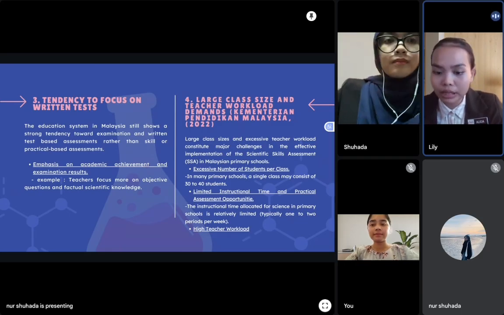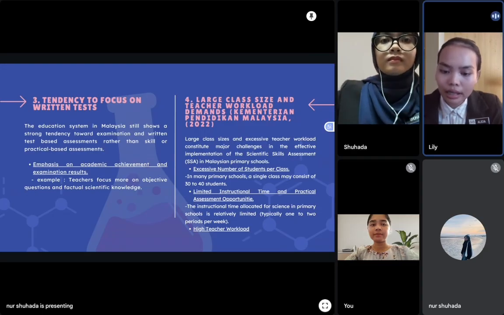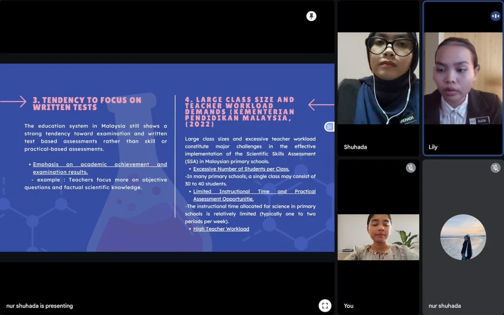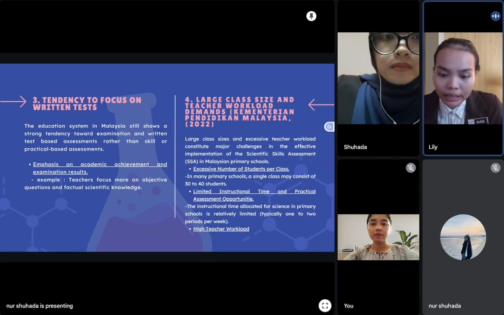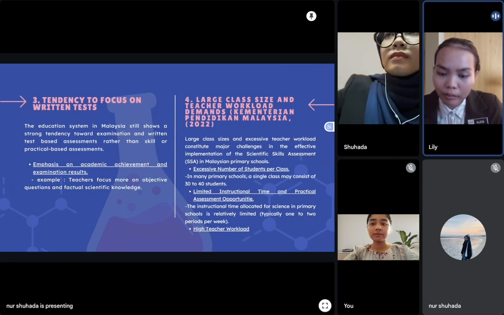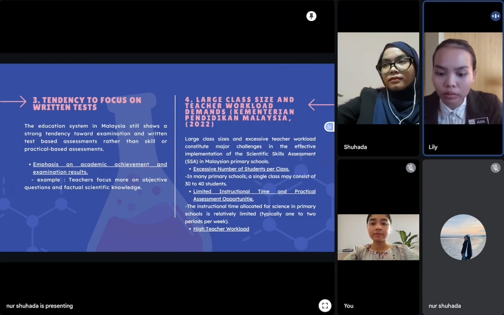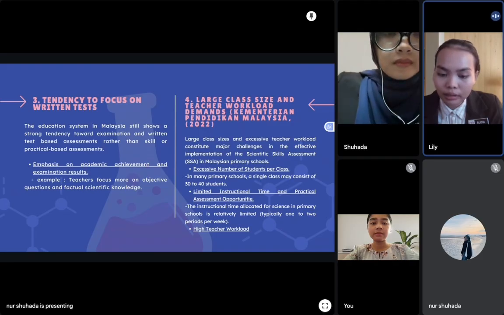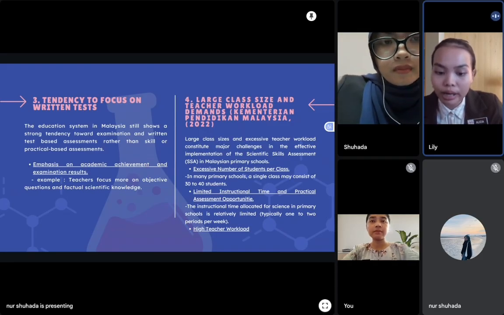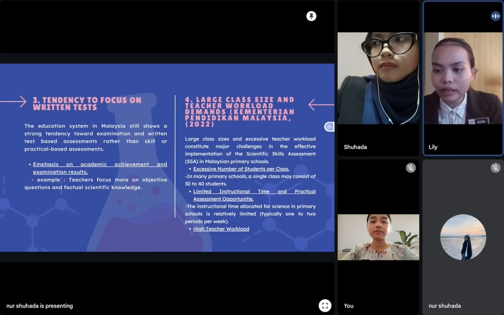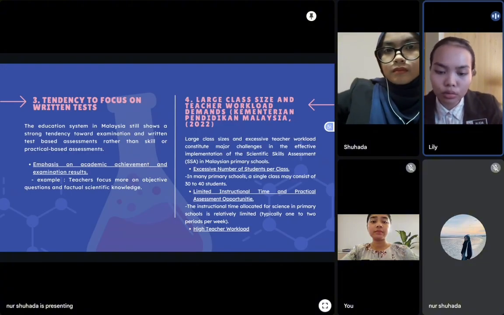In many primary schools, a single class may consist of 30 to 40 students. Next, limited instructional time and practical assessment opportunity. The instructional time allocated for science in primary school is relatively limited, typically 1 to 2 periods per week.